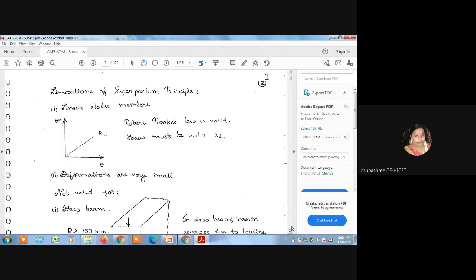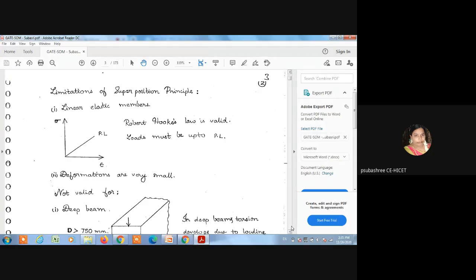Also, what do you mean by linear? The load does not change with time. The load is constant, so linear means the load does not change with time. If the load changes or varies with time, it is called non-linear.